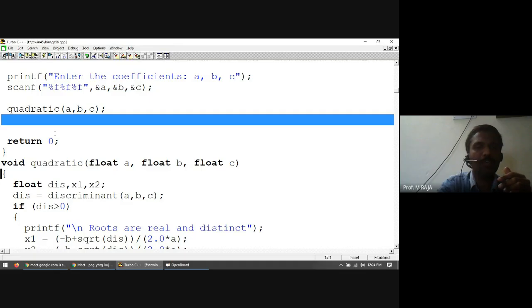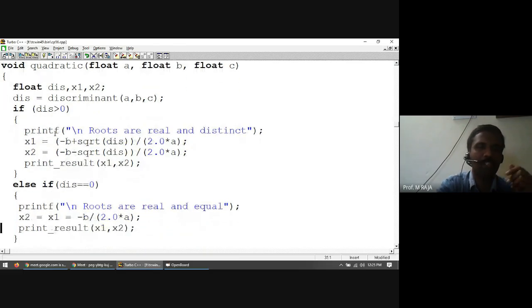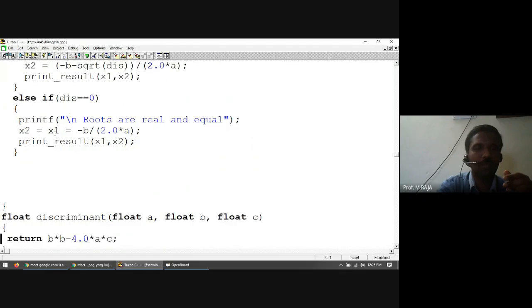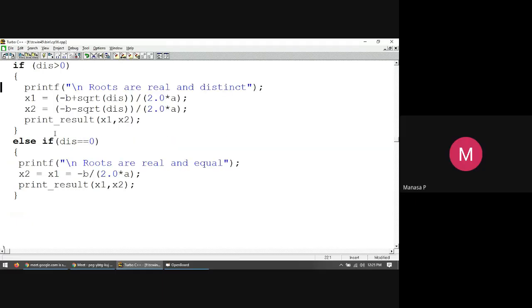So these local variables cannot be accessed within the main function. If you want, you can print the values of x1 and x2 here itself. Otherwise, define a separate function, pass the values of x1 and x2, and print the result here. Hope you understand. Yes, sir.